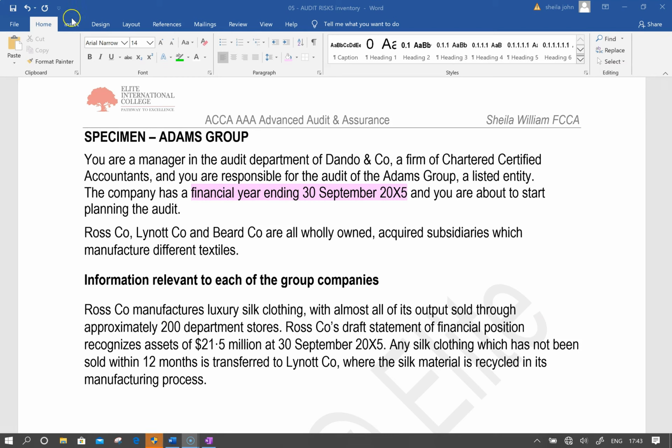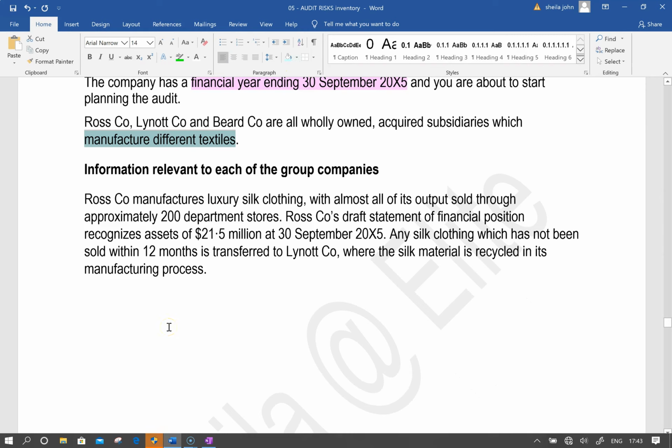So since we're talking about inventory, this is your inventory here. Ross, one of the subsidiaries, manufactures luxury silk clothing with almost all of its output sold through approximately 200 department stores. So what do you think? Let's go and read further.